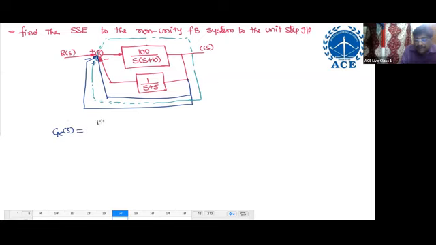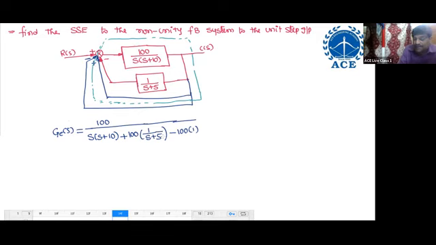So what will I get? 100 by S into S plus 10. Opposite sign of the feedback: minus means plus. Numerator 100, product with feedback gain 1 by S plus 5. Opposite sign of the feedback: here plus means minus. Numerator term 100 into feedback gain 1 by S plus 5.